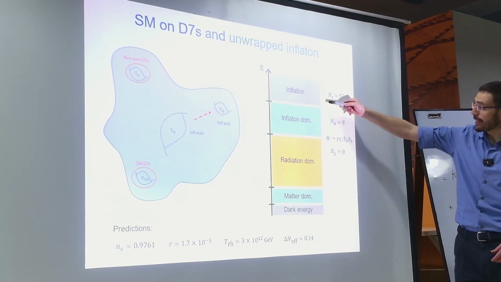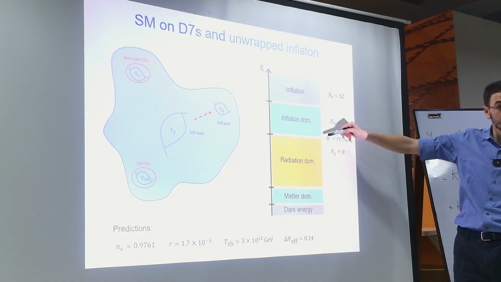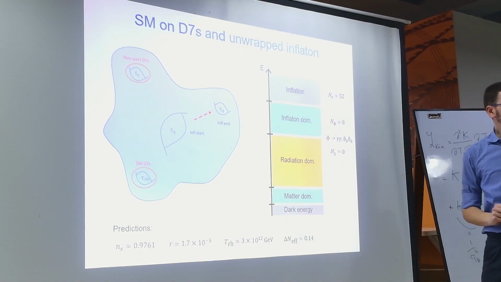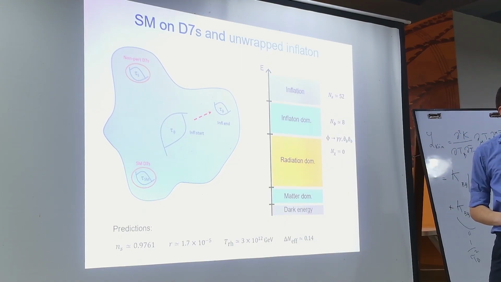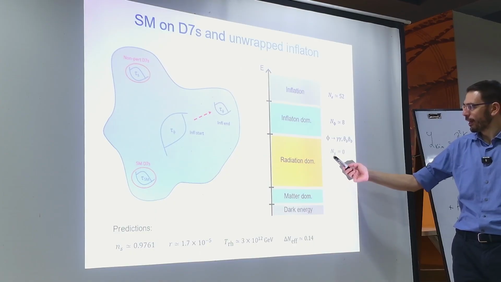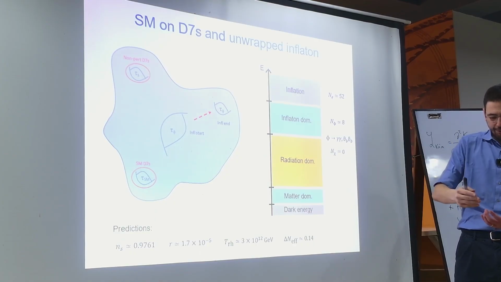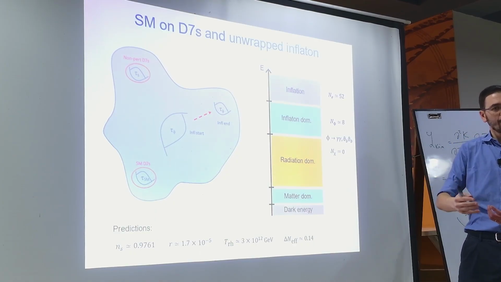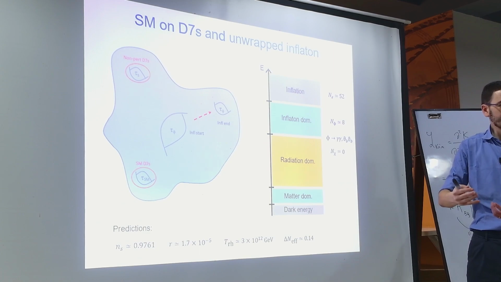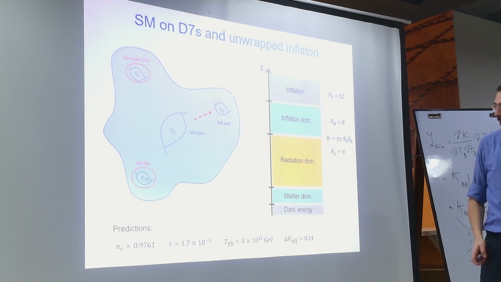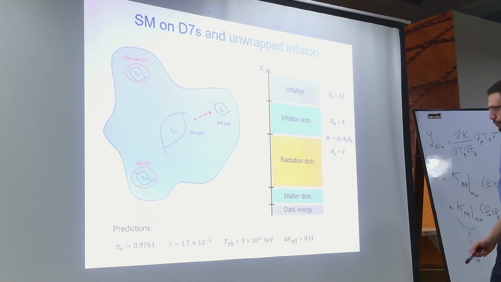And given that this epoch is so long, you don't have any volume modulus domination, because basically the volume mode doesn't have enough time to dominate the energy density. It decays too quickly because there is this long epoch of inflaton domination.